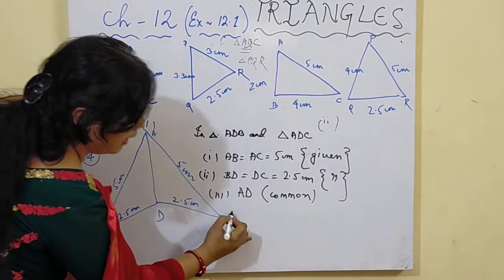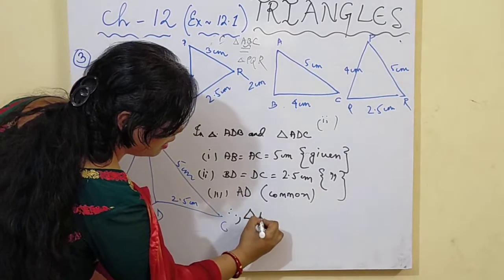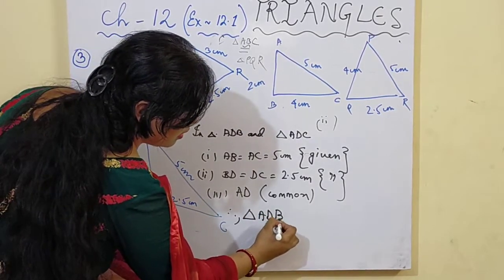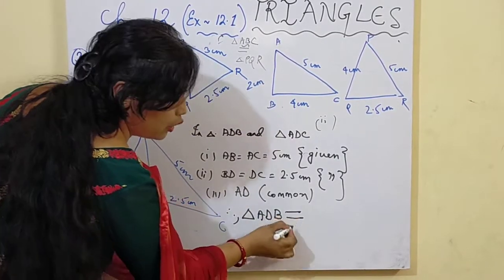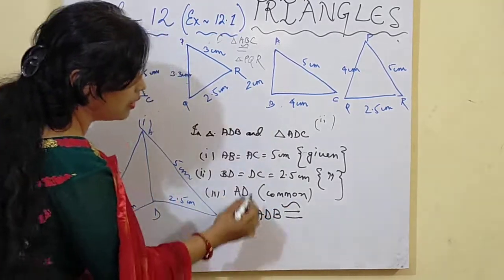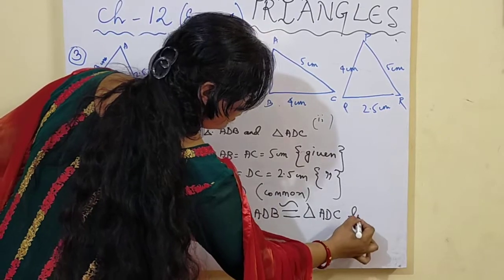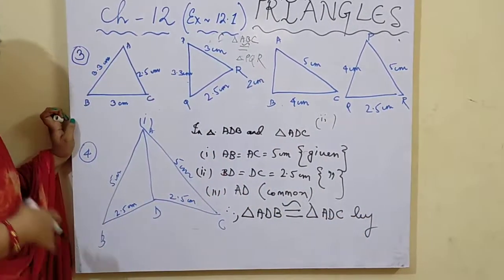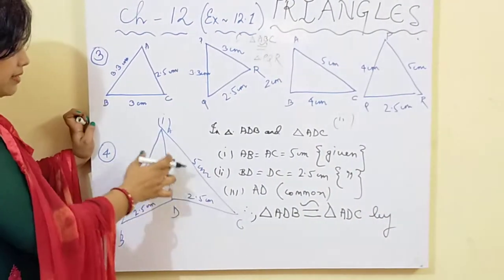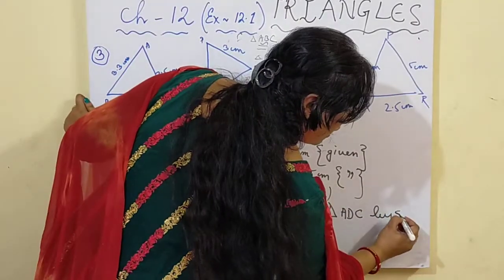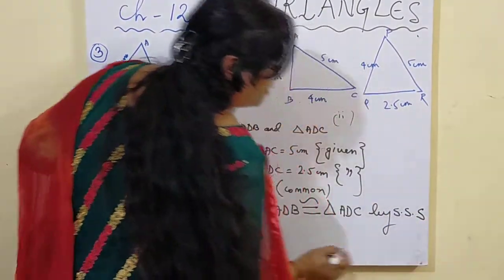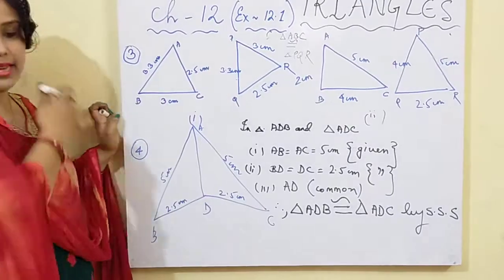After this, you will write therefore triangle ADB is congruent to triangle ADC by criteria. You have to write by what property? So side, side, side by SSS. That means side, side, side property.